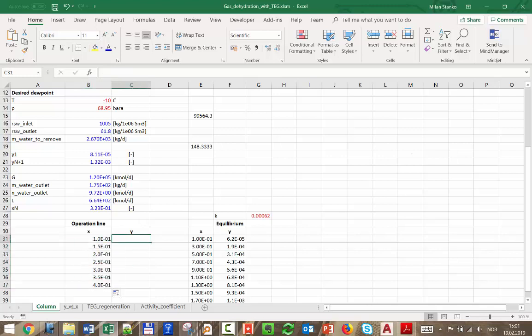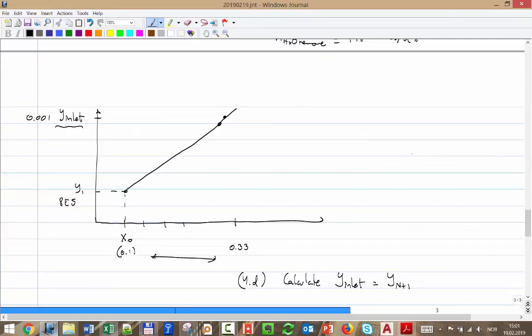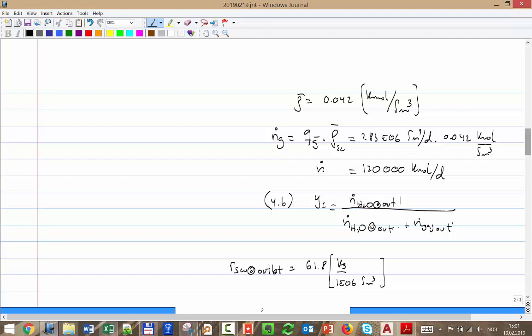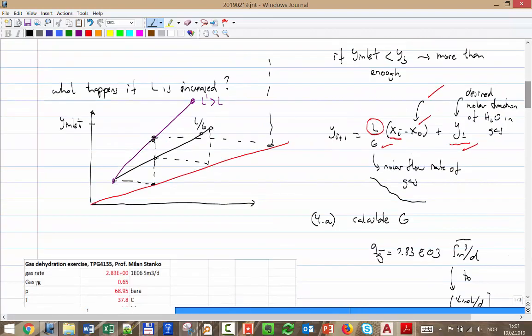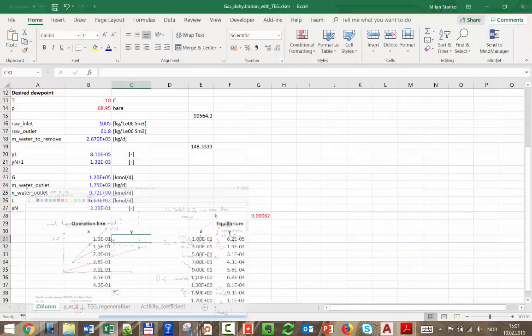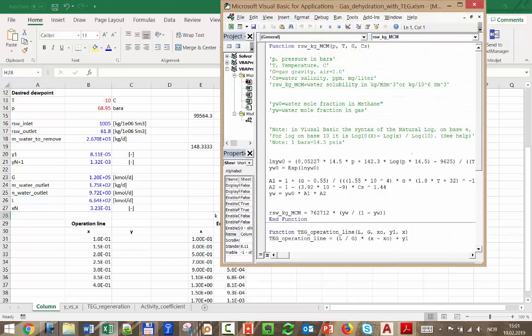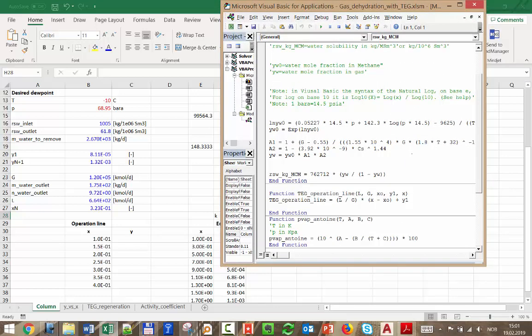And why? For that we have to use the equation of the column, which is this equation here. But I have programmed that for you already. So simply you have to go Alt F11. And you have TEG operation line, that's the equation we need to use.